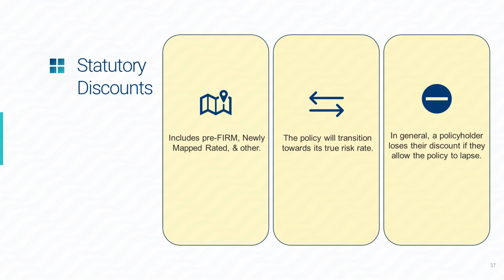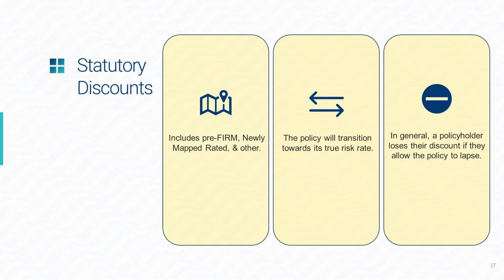And the other qualification for this discount is that the property does qualify as a primary residence, not commercial or designated SRL property. The second discount I also mentioned is newly mapped, available to buildings now in a special flood hazard area due to a map change where previously it was shown as a non-special flood hazard area.